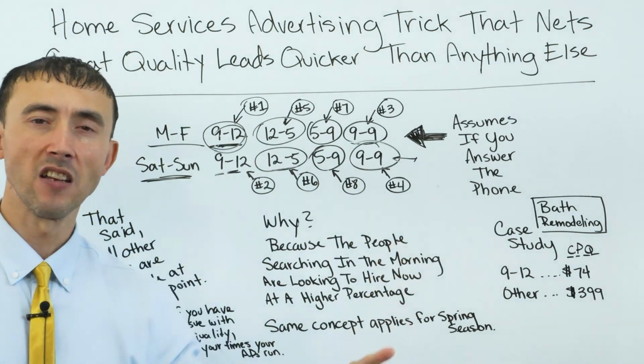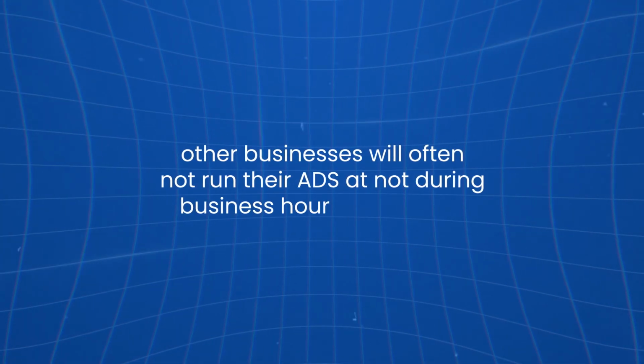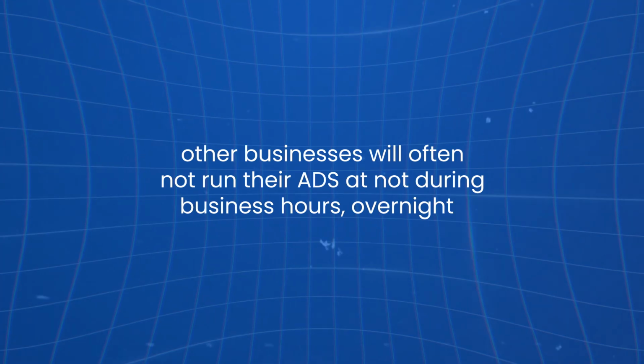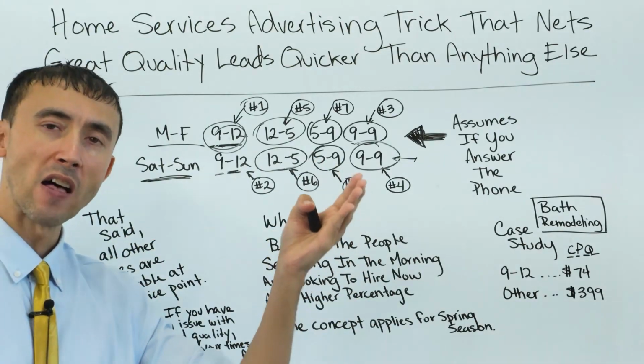But the reality is other businesses often don't run their ads outside business hours, overnight, whatever. And that makes the click costs overnight a lot less than running your ads 9 to 12. Okay, so it kind of balances things out.